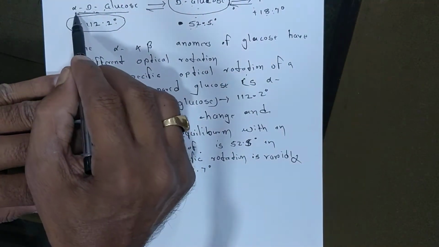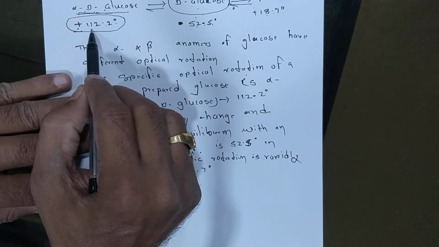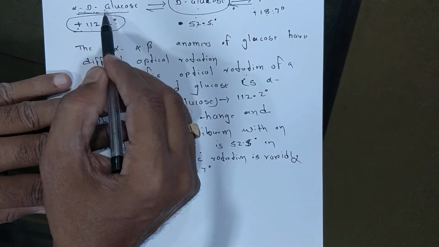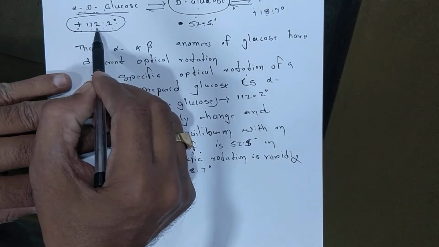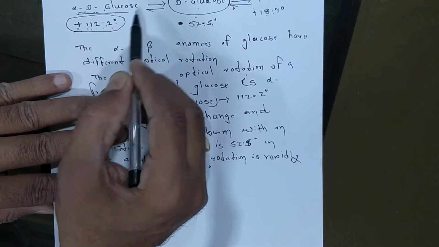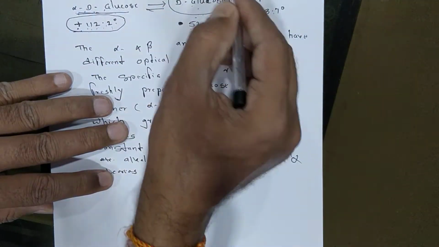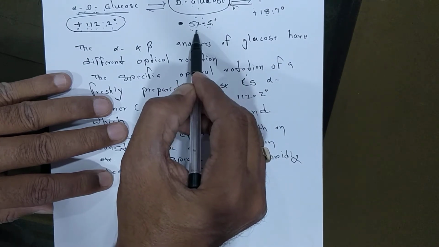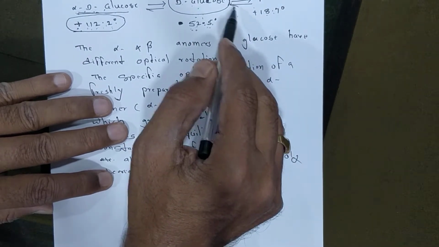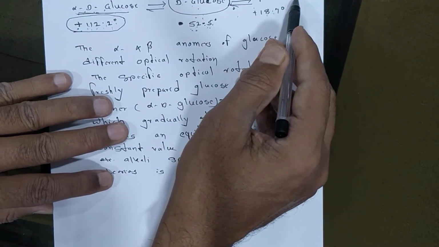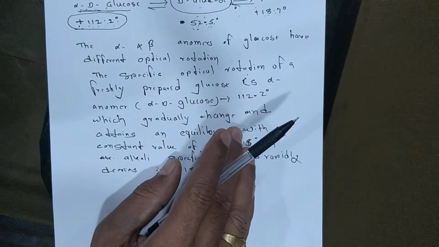It should be constant, which is called mutarotation. See how alpha D glucose solution shows specific rotation. How will we obtain it? A freshly prepared alpha D solution shows specific optical rotation 112.2 degree, which gradually changes, and at equilibrium D glucose is 52.5, a constant. In the presence of alkali, it rapidly decreases to beta D glucose 18.7, which is called mutarotation.